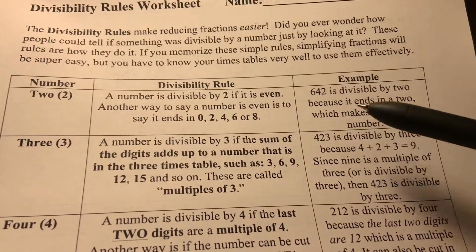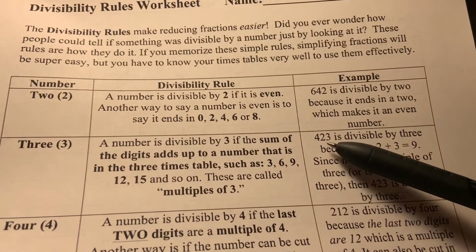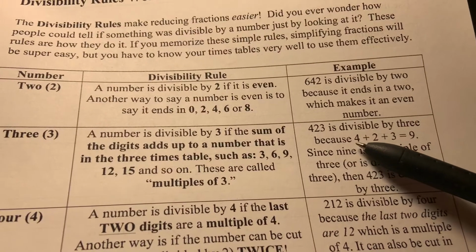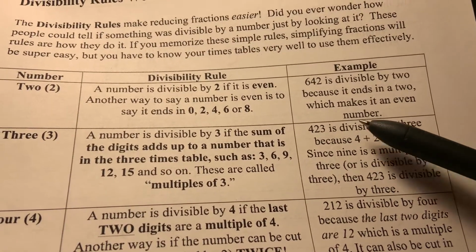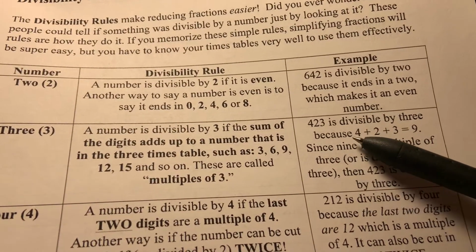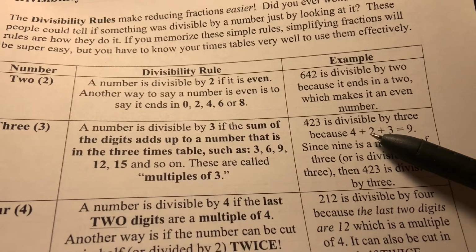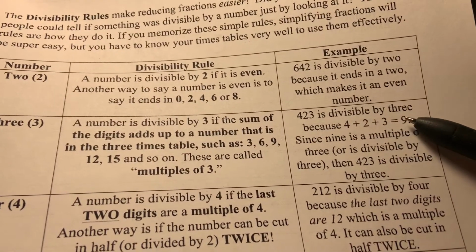It's because if I take this number 423 and add the digits that make up the number, 4 plus 2 is 6, and 6 plus 3 is 9.